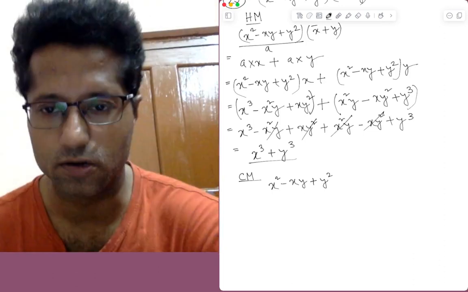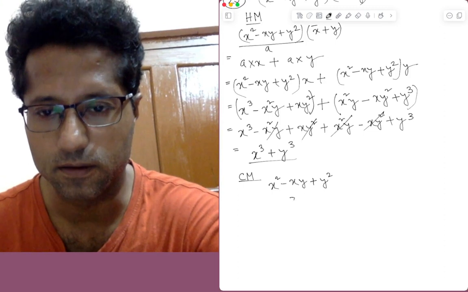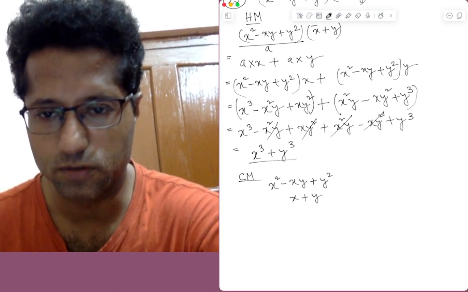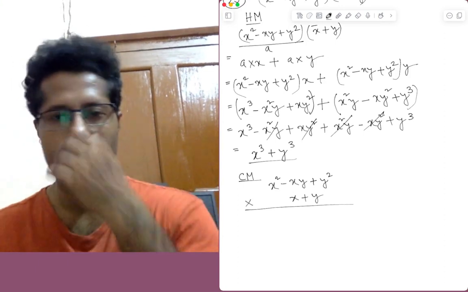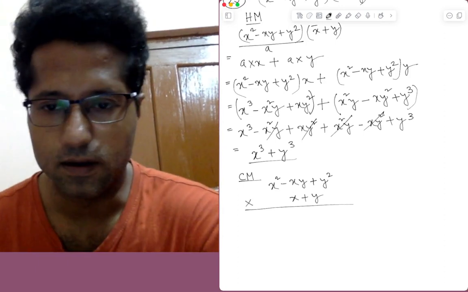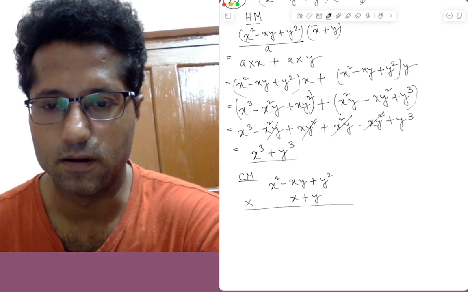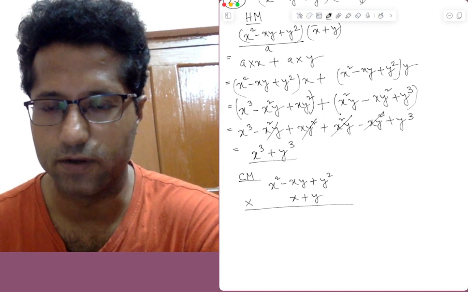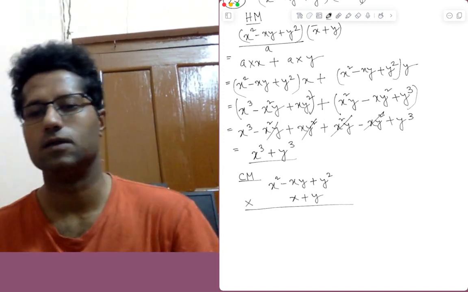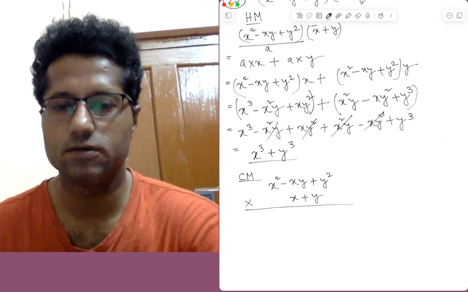So in this case the trinomial has more terms, so we are writing it first, and below it we are writing the binomial. We will consider terms of the binomial from the left, one by one.